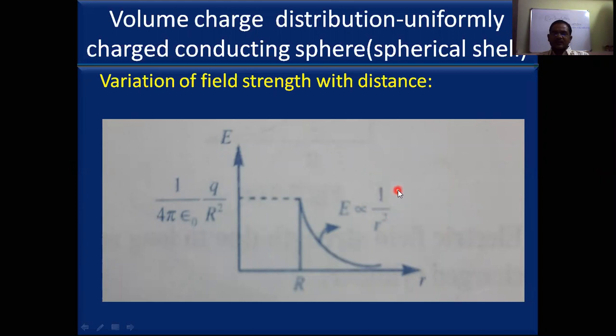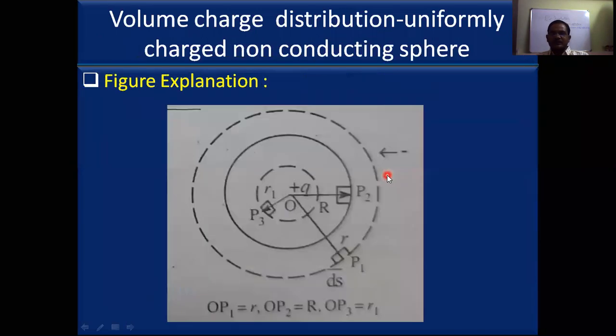Now, the second case is volume charge distribution, in the case of a uniformly charged non-conducting sphere. Here you consider a non-conducting sphere which is uniformly charged with charge density rho, equal to charge per unit volume.